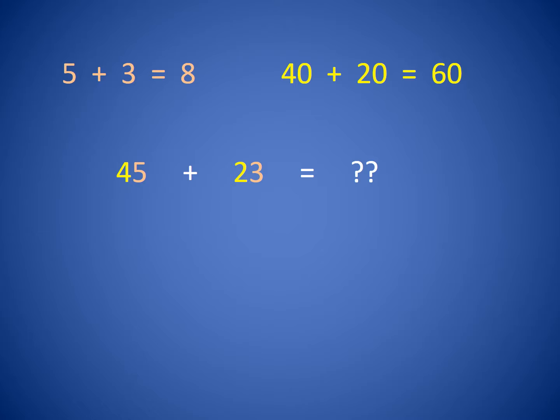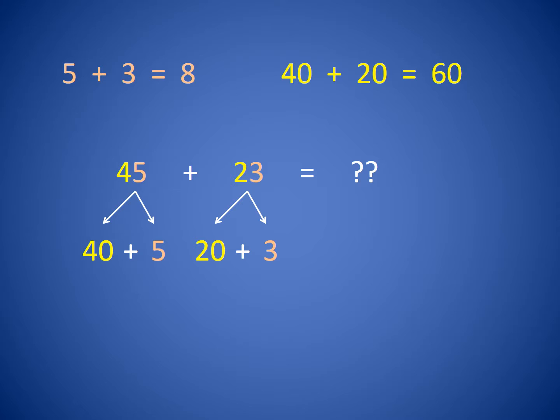Hopefully you're aware that 45 can be split up into two numbers: 40, the 4 is in the tens place, and the 5 is in the ones place, so 45 is equivalent to 40 plus 5. I can do the same thing with 23. The 2 is in the tens place and the 3 is in the ones place, so 23 is the same as 20 plus 3.